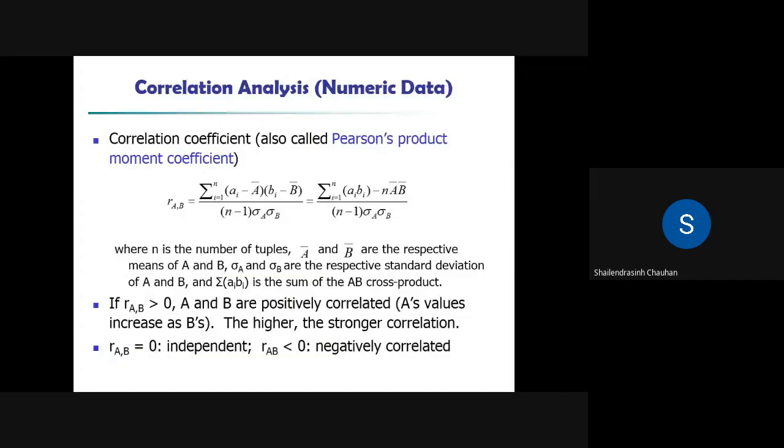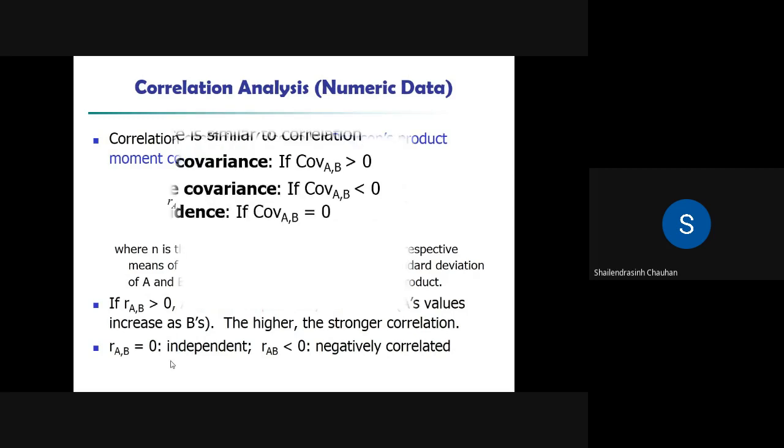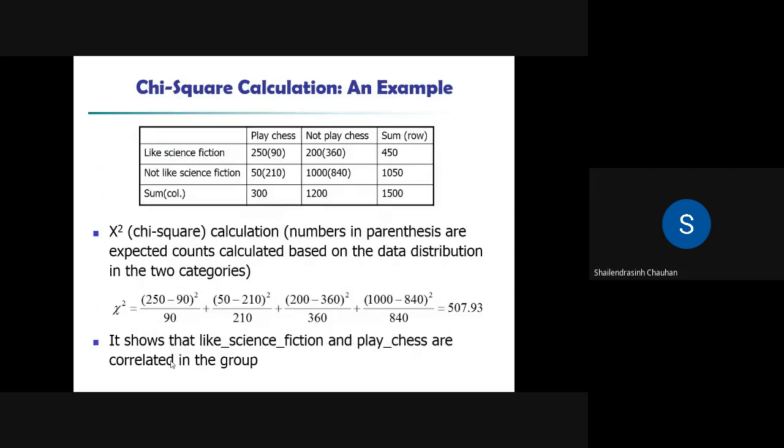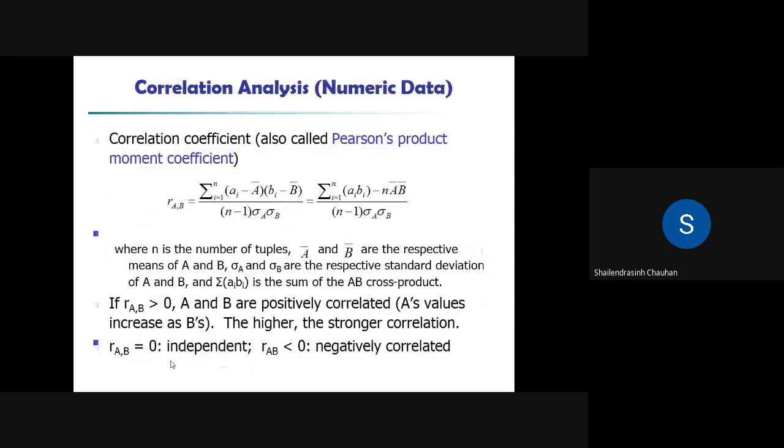Let me share the screen, just a minute. And so now, previously we had discussed how we can find out correlation analysis.